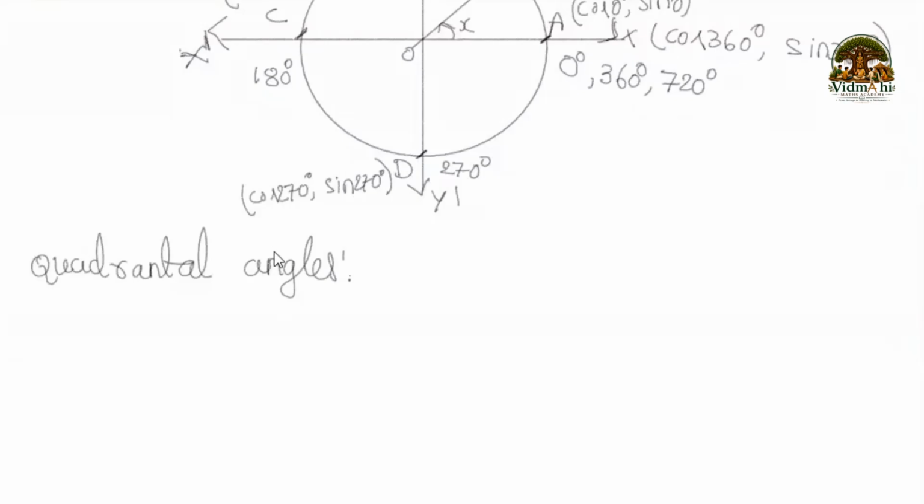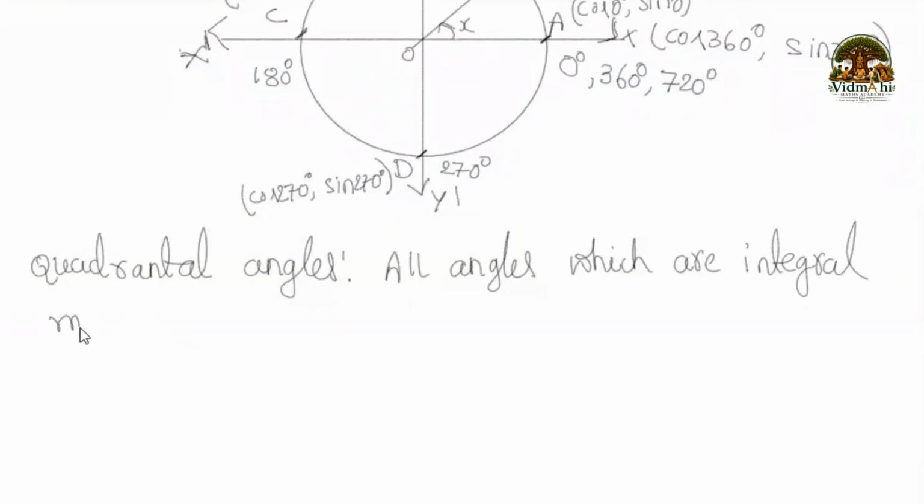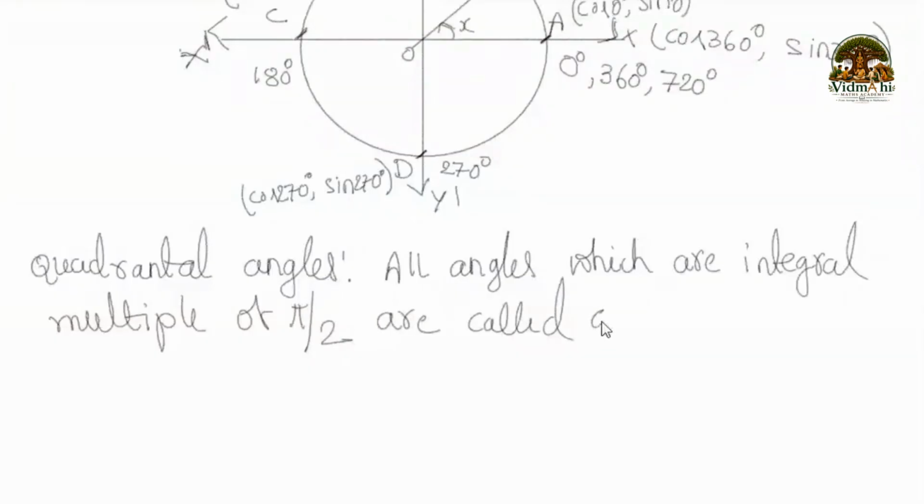Quadrantal angles means all angles which are integral multiples of pi by 2 are called quadrantal angles.